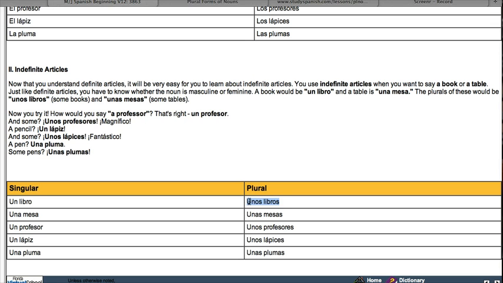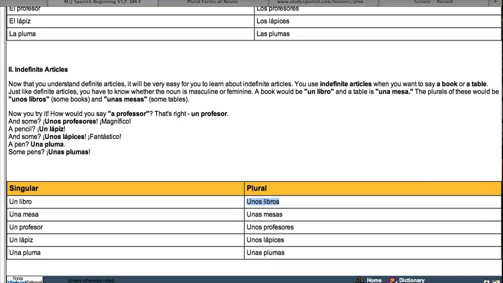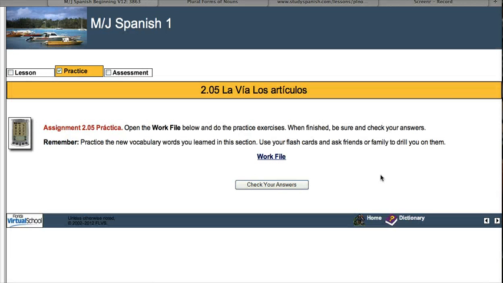You have to make both the article and the noun plural. So, for example, when you had un muchacho, a boy, to make it more than one boy, you'd say unos muchachos.